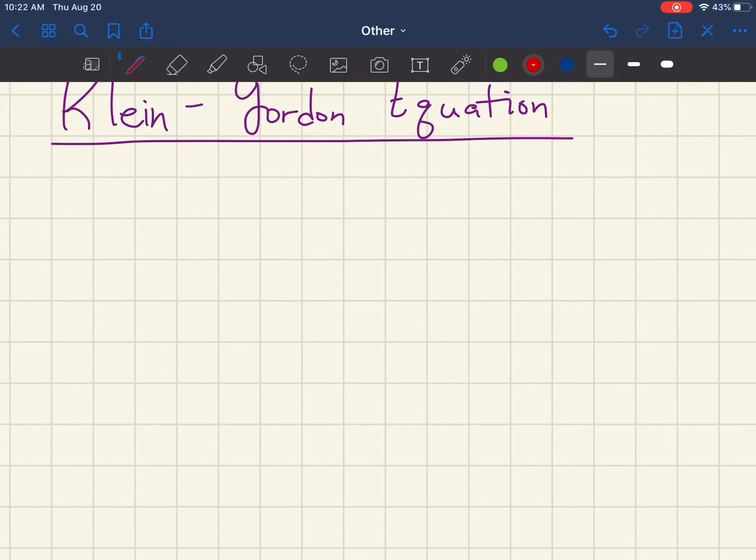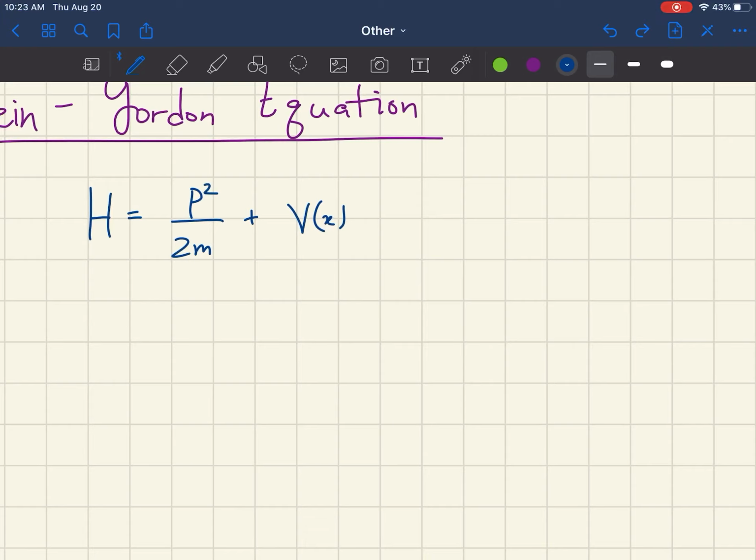As many of you know already, the Hamiltonian for a single particle, non-relativistic system is the following. You have your kinetic energy and you have your potential energy function.